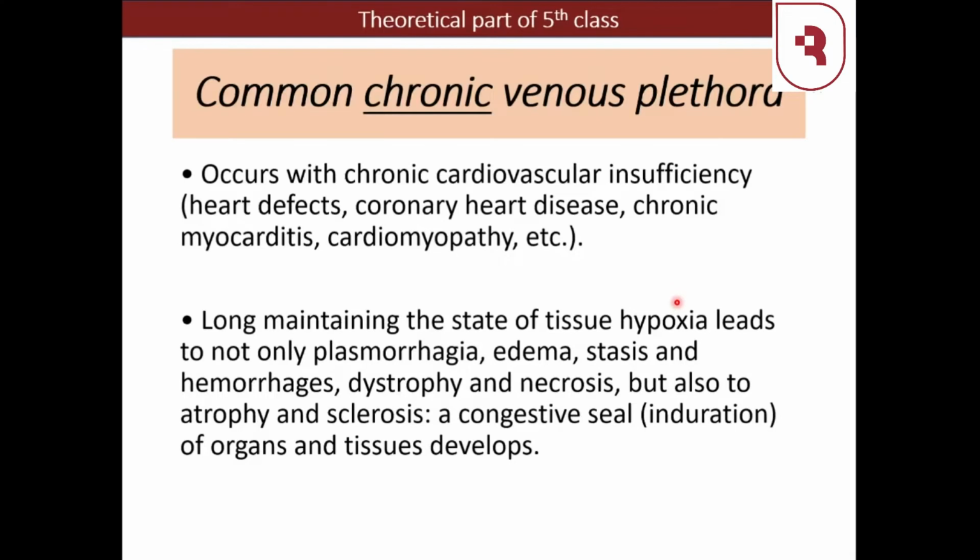Long maintenance of the state of tissue hypoxia leads not only to plasmorrhagia, edema, and stasis, but also to atrophy and sclerosis of the organs. One of the most typical anatomical manifestations of chronic venous hyperemia is the development and overgrowth of connective tissue.